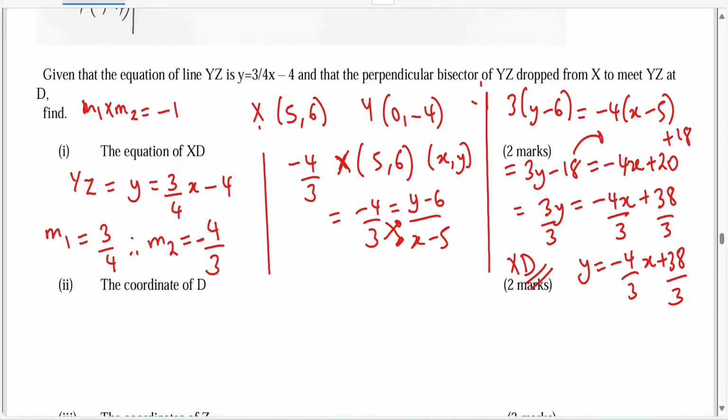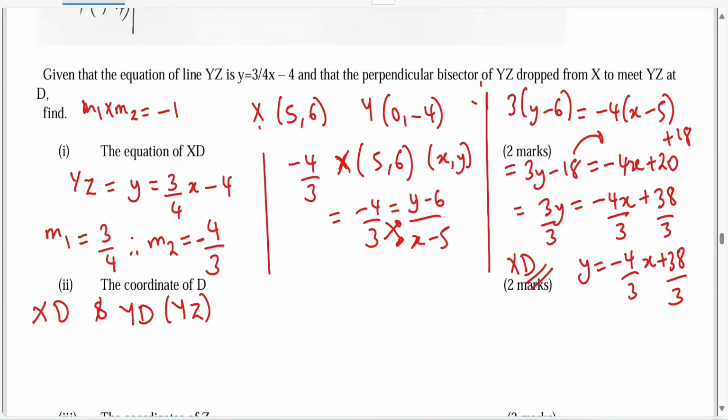The coordinates of D. You get it when you find the simultaneous equation for XD and YD. And YD is just the same equation as YZ.